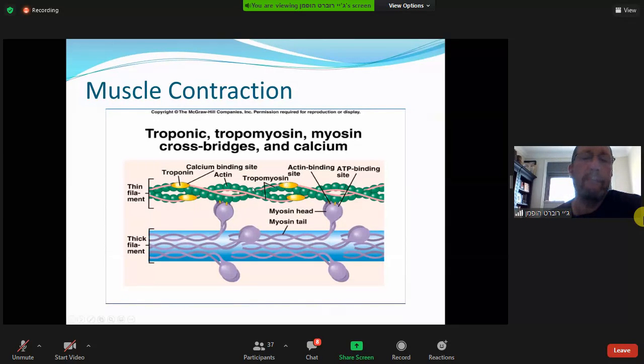Now, what's important to keep in mind is on top of the troponin molecule, you have what is known as the calcium binding site. And that's found here on the troponin molecule. So calcium comes, and you have the electrical signal, right? Now calcium is released from where?